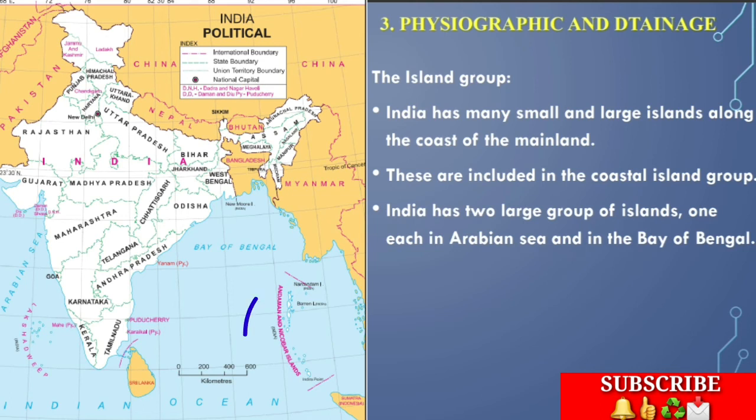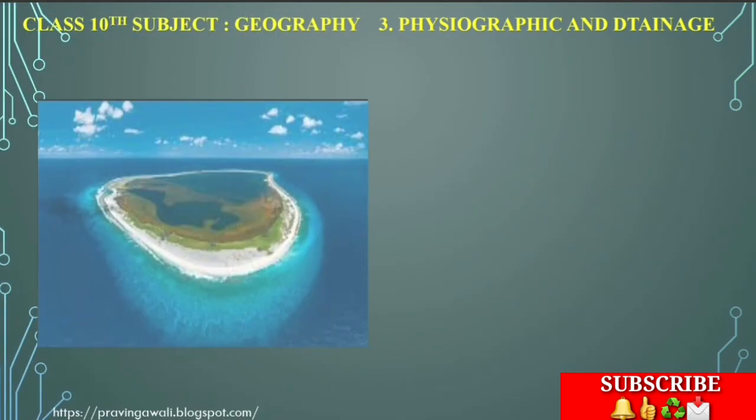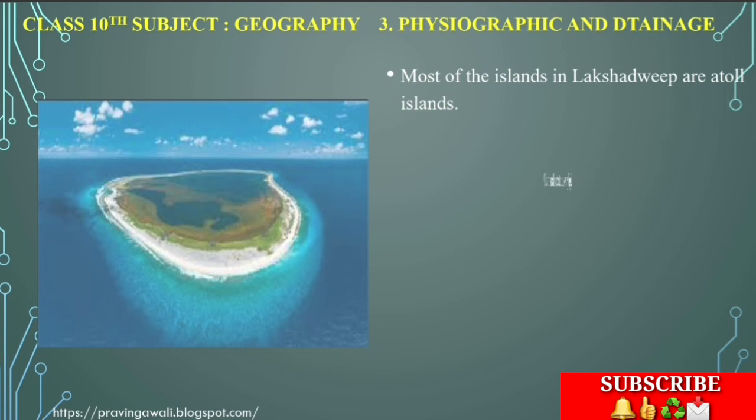India has two large groups of islands, one each in the Arabian Sea and in the Bay of Bengal. The islands in the Arabian Sea are known as Lakshadweep, whereas the islands in the Bay of Bengal are called the Andaman and Nicobar. Students, most of the islands in Lakshadweep are atoll islands.